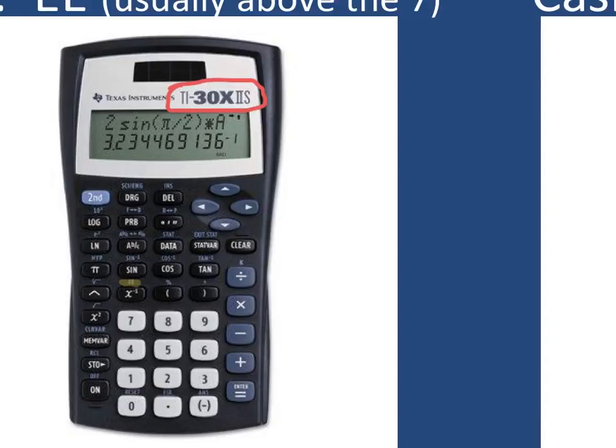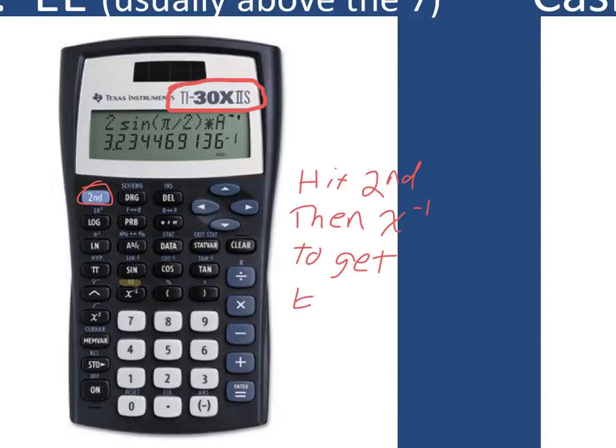So you have to hit second, which is right here. Then the x to the minus 1 to get the EE.